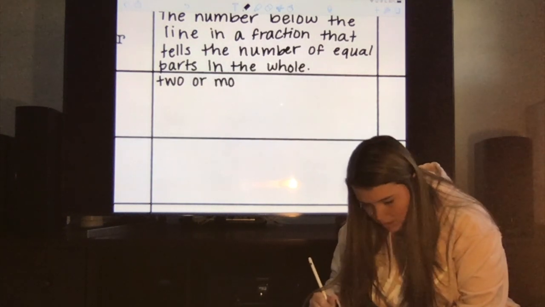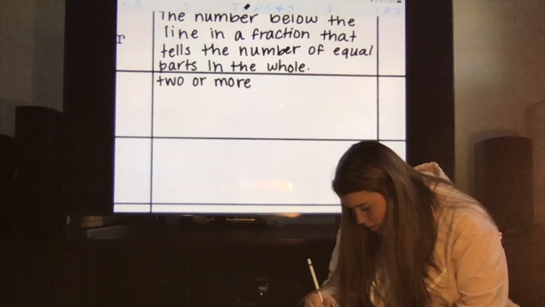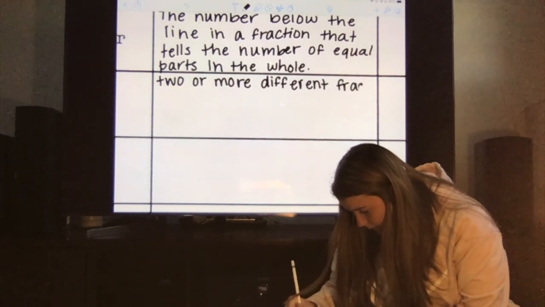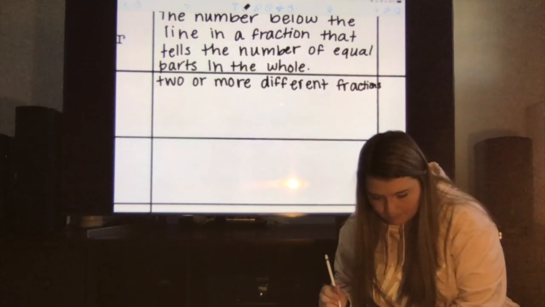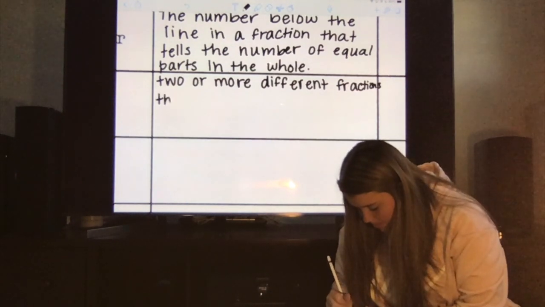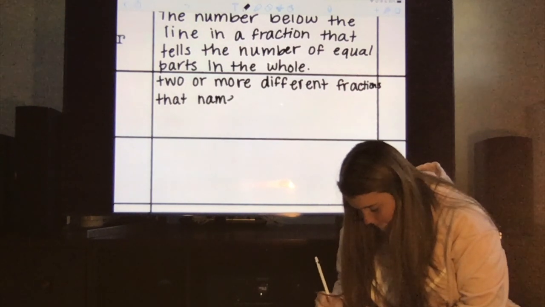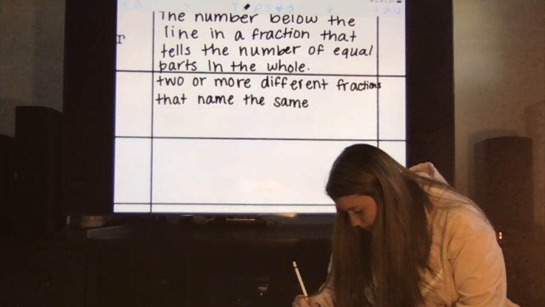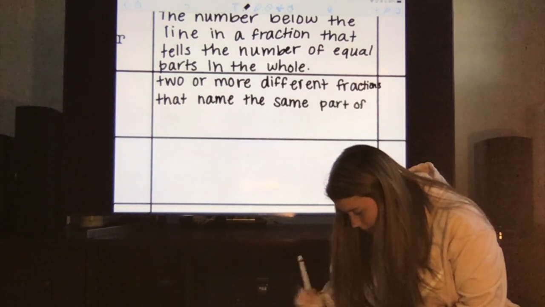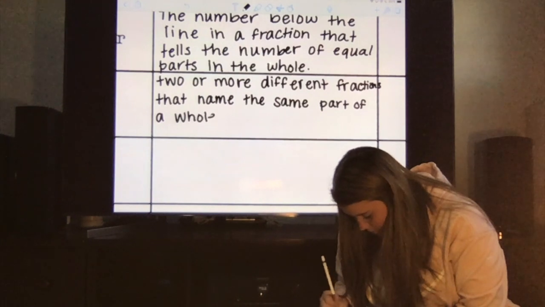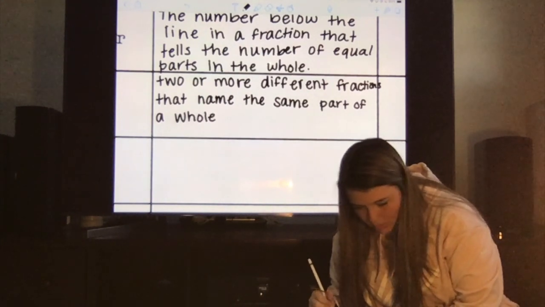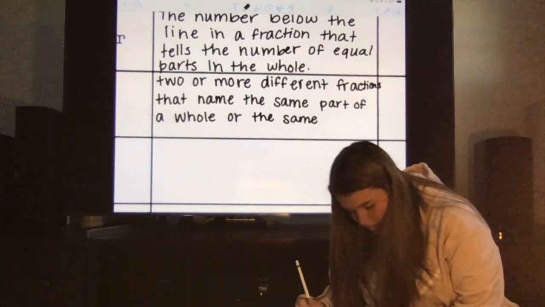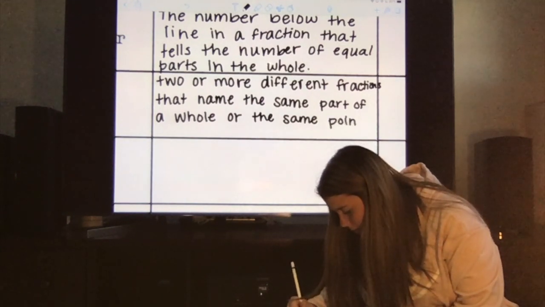Two or more different fractions that name the same part of a whole or the same point on a number line.